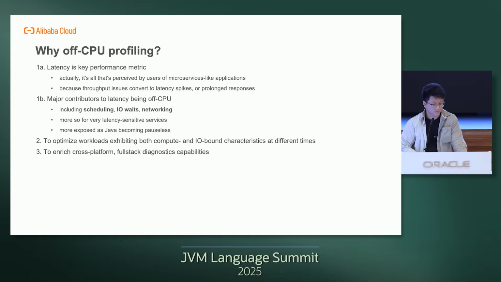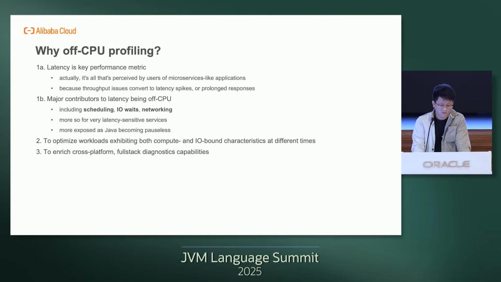First of all, why off-CPU profiling? Three reasons. First, latency is the key performance metric, and it's probably the first metric perceived by users of an application, because throughput issues can convert to latency spikes and prolong responses.